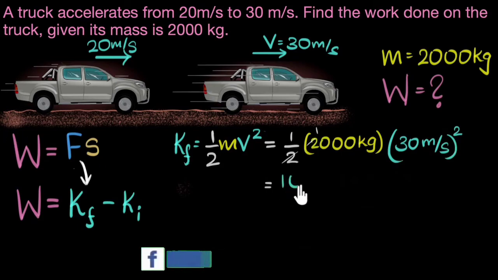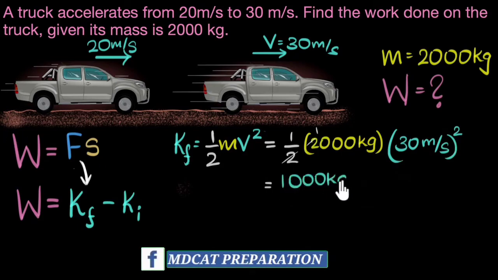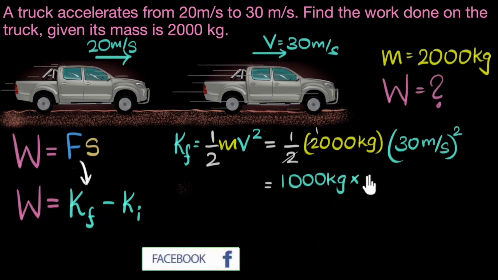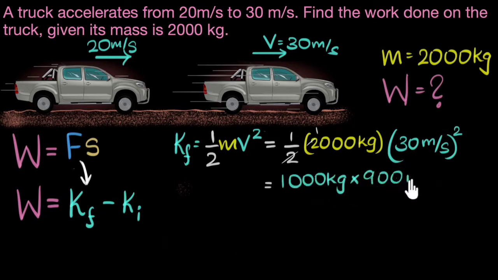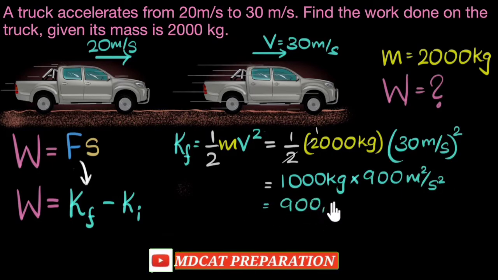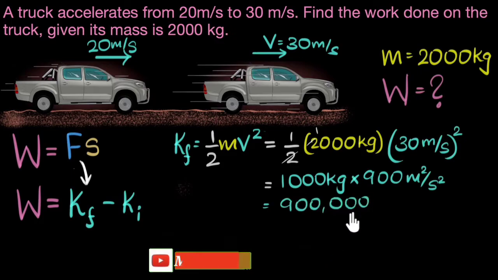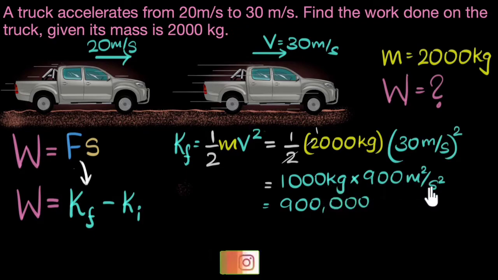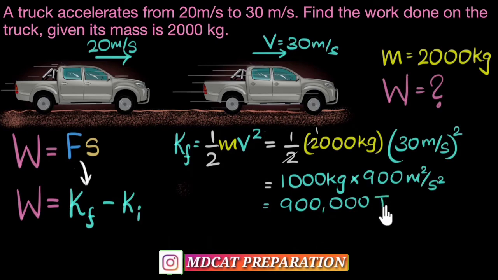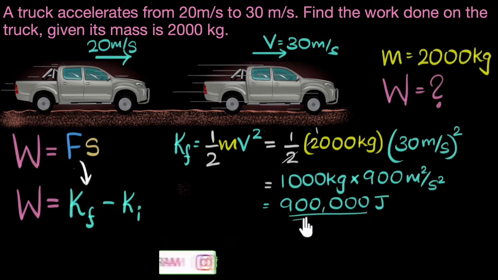So we'll get 1000 kilograms times 900 meters squared per second squared. And that gives us 900,000, 5 zeros, right? Kilogram meter squared per second squared. Now, this is the SI unit of energy, isn't it? We also call this joules. So we'll just call it 900,000 joules.